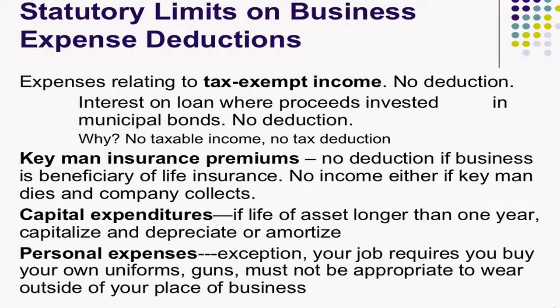Most of the police officers that I've ever known, the municipalities require them to buy their uniforms themselves, buy their shoes and footwear themselves. Many municipalities require the officer to buy his or her weapon themselves. Those expenditures, because they're required for your job, do become deductible. But here's the only catch on that.